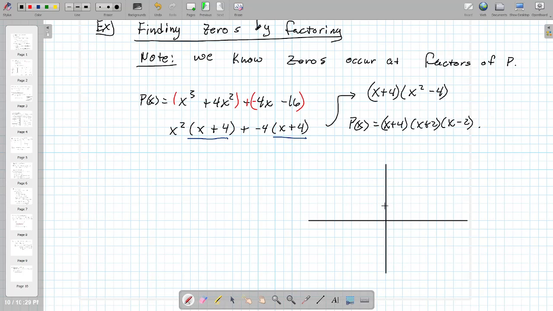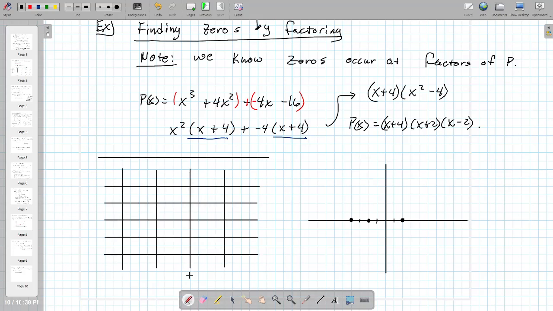On this set of axes, I'm going to plot all three of these, because I know that we're crossing the x-axis at the zeros. So at negative 4, we have a 0. At negative 2, we have a 0. And at 2, we have a 0. So we cross the x-axis at these 3 points. We might not cross the x-axis, but we definitely have a 0 at those points.